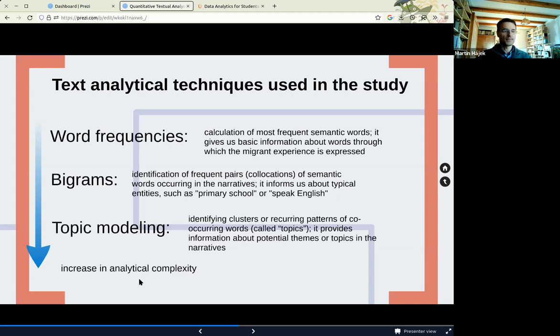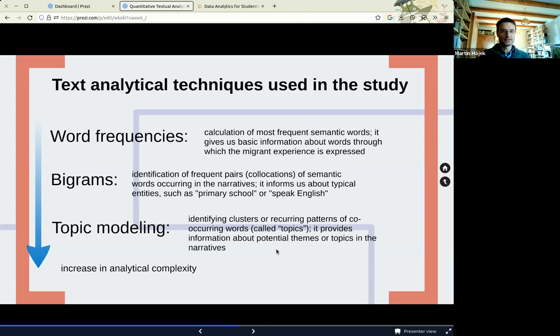And the third technique I used to analyze this migrant narrative was topic modeling. This is a rather complicated analysis in itself, but I take it as a black box. I believe that people who developed topic modeling did it right, and I use it as a tool to identify clusters or recurring patterns of co-occurring words, not only bigrams, in the whole narratives.